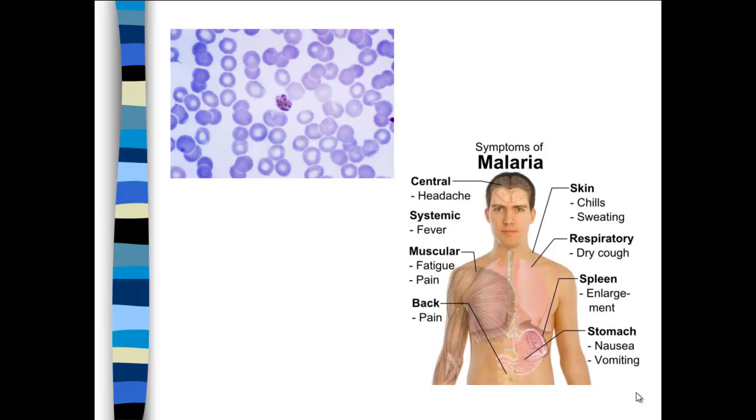There isn't really any free Plasmodium in this slide, unfortunately, but there are lots of different symptoms for malaria. Here are a few of them: nausea and vomiting, dry cough, fever, chills, enlargement of the spleen, and if it persists without any type of treatment like quinolone or quinine, then it can lead to organ failure.